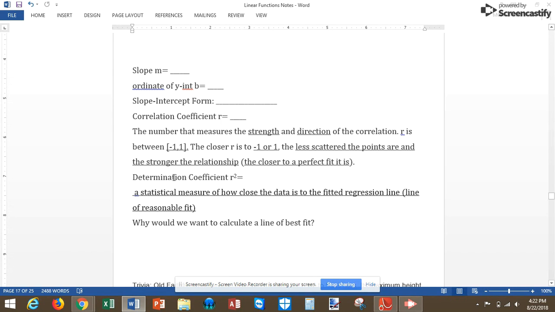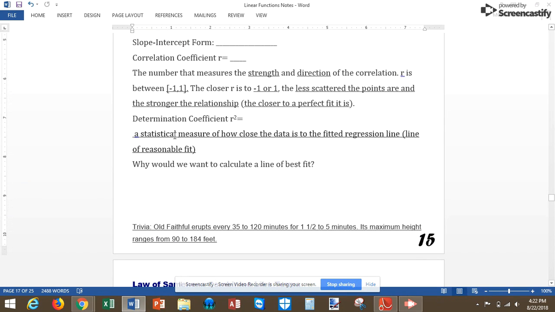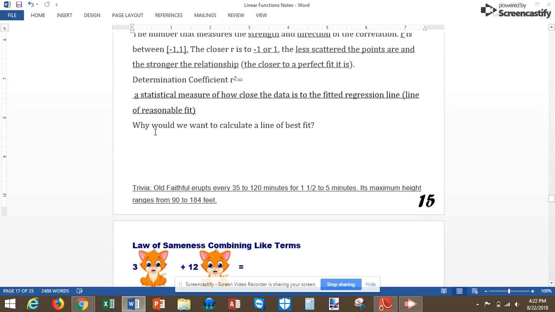And then the coefficient of determination is R squared, R to the second power. It's a statistical measure of how close the data is to the fitted regression line of reasonable fit. So go ahead, write down why would we want to calculate a line of best fit? Write that in a few sentences.